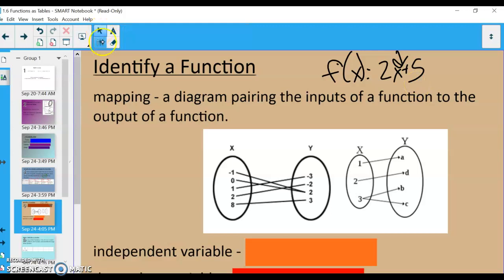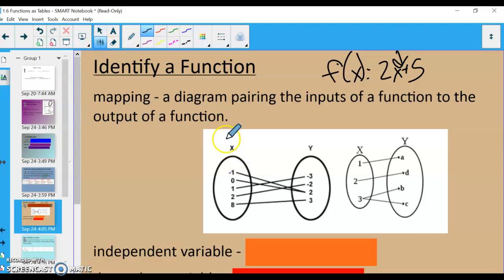In this case, here is what you see here. This is called a mapping. So this is a diagram of the pairing of inputs for a function to the output of a function. Okay. What you will notice here is that the inputs are always labeled x.